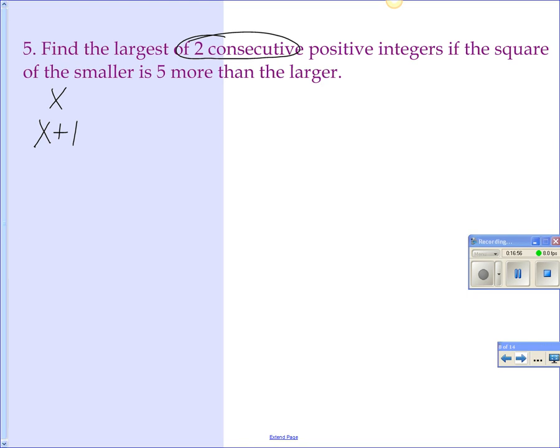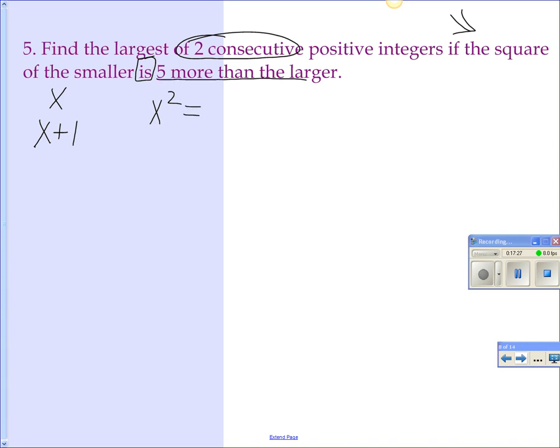Okay. It starts right here telling you what to do. Faith, it says the square of the smaller. How do I write that? X squared. Samaria, what's the next thing that's important? What about before that? What about before the 5? What word's before the 5? Is. What do I do for is? Equals.